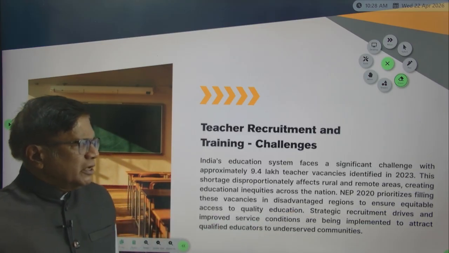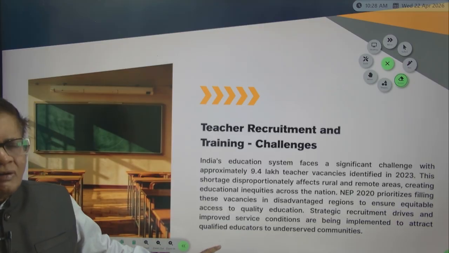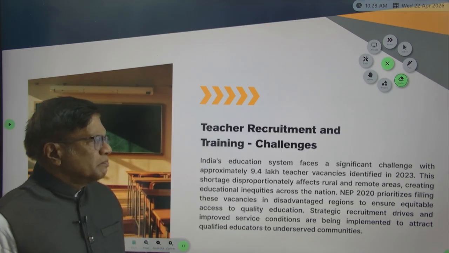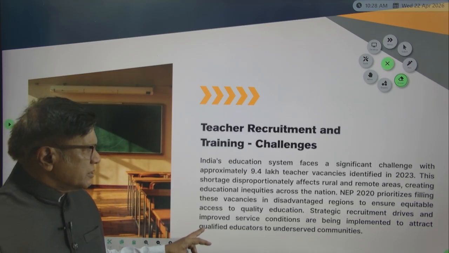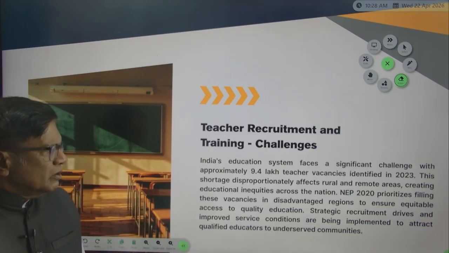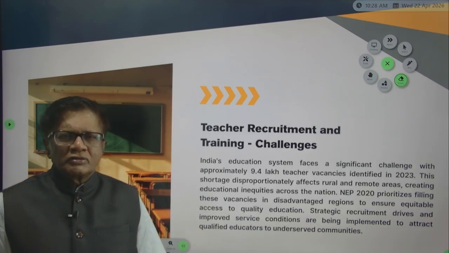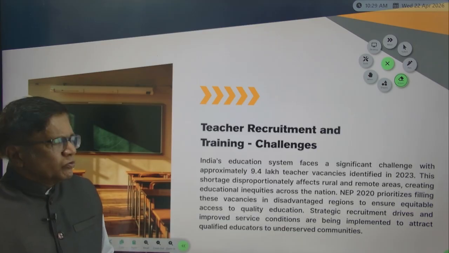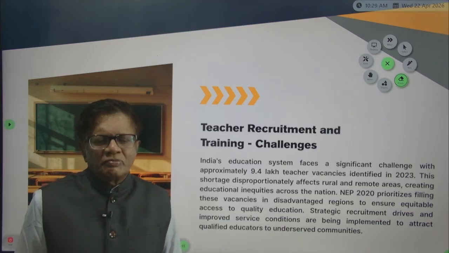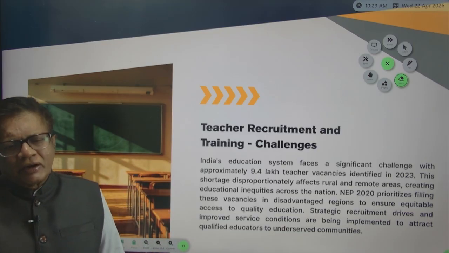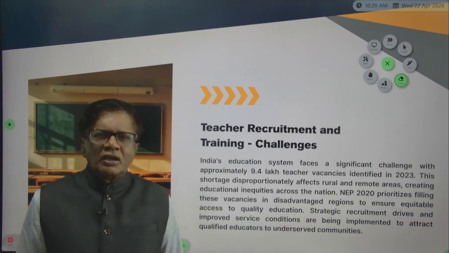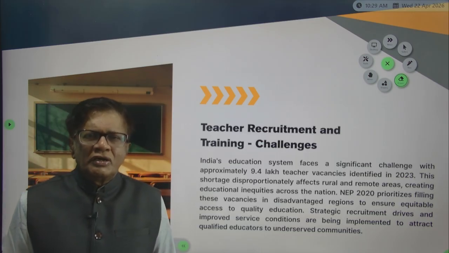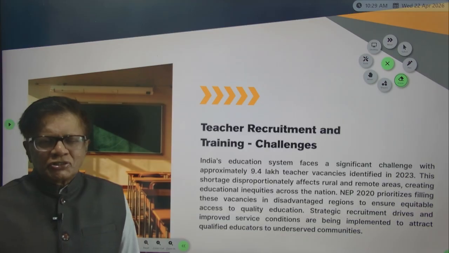Now, strategic recruitment drives and improved service conditions are being implemented to attract qualified educators to underserved communities. Now, there are some special provisions under Samagra Shiksha Abhiyan, which are also provided for marginalized groups. It also supports children with disabilities and special needs.